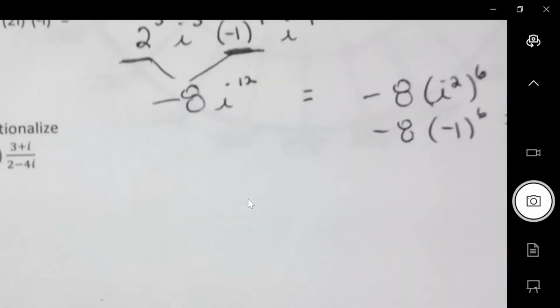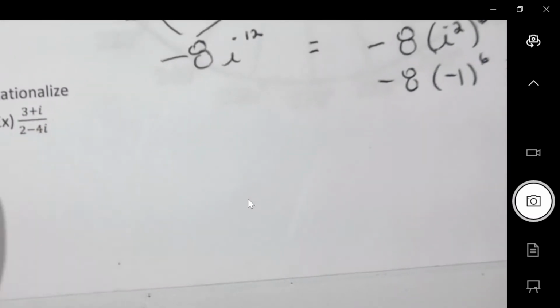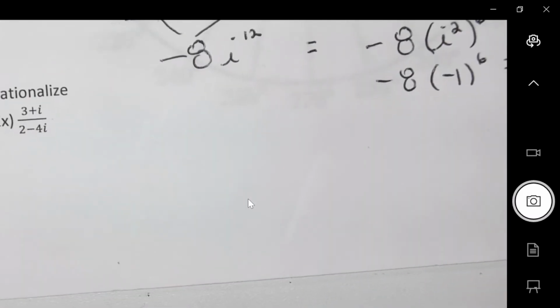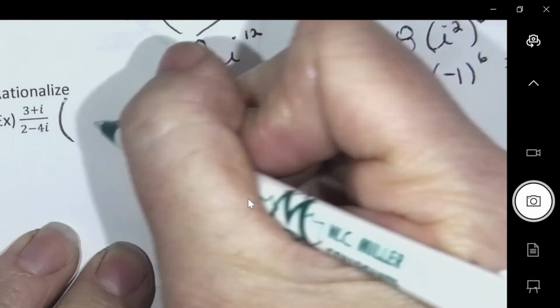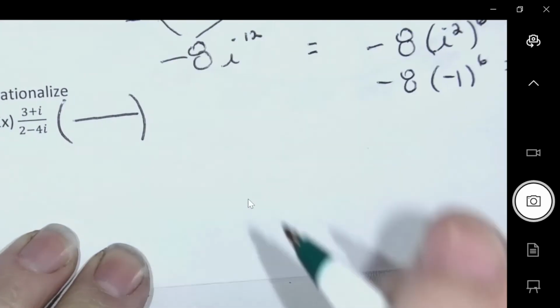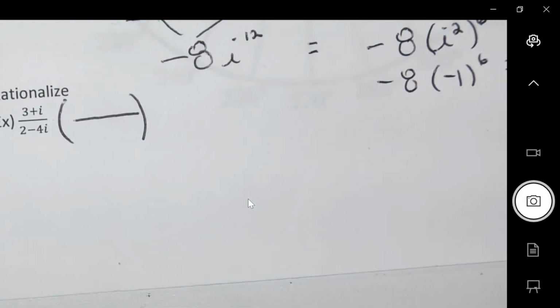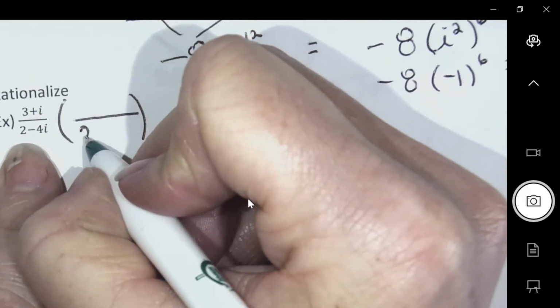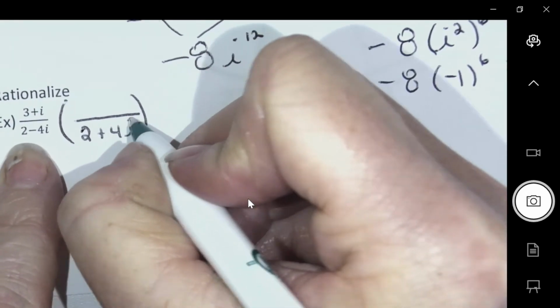Okay, rationalize the bottom. Do you remember the word conjugate when you rationalize something? So the conjugate would be 2 plus 4i.